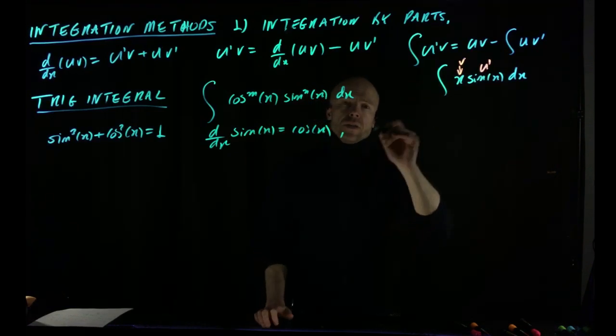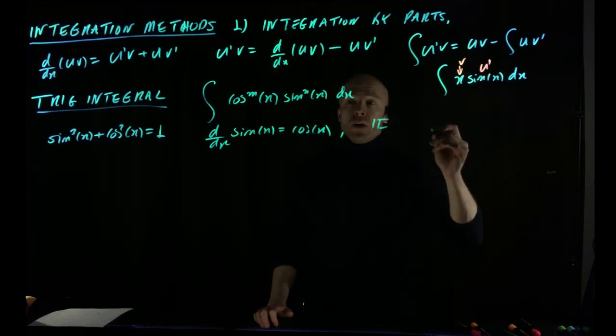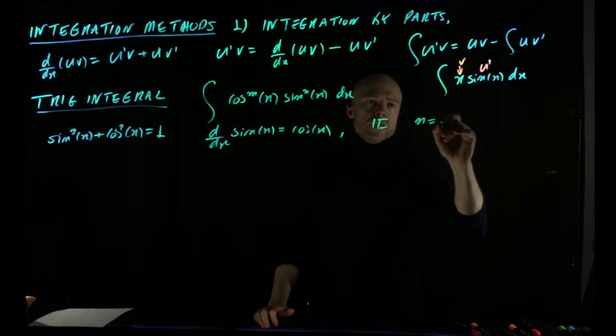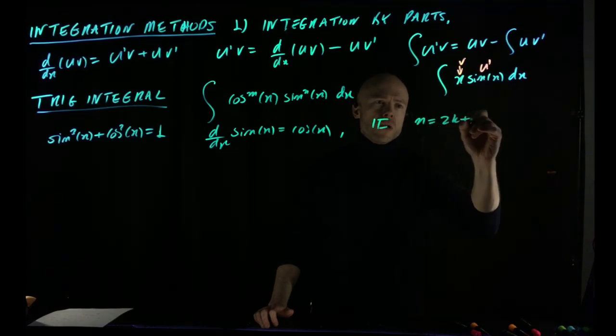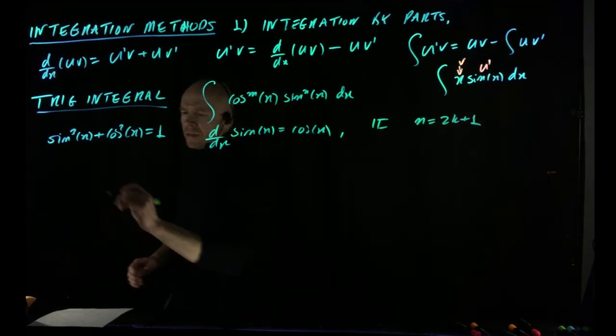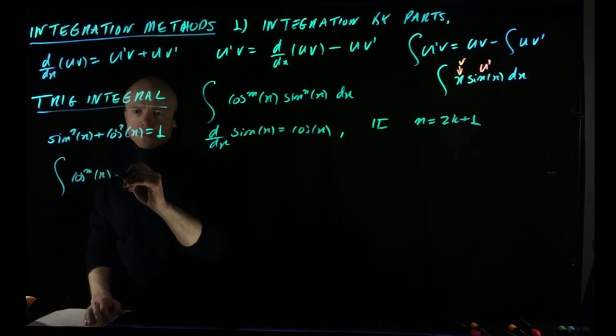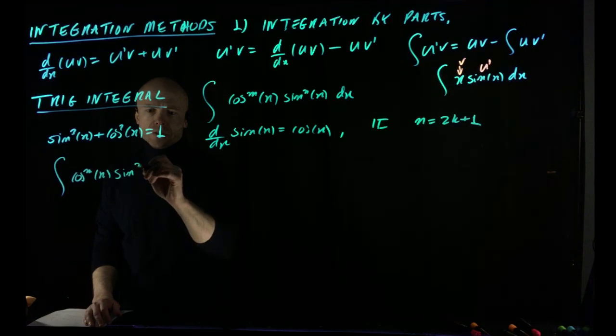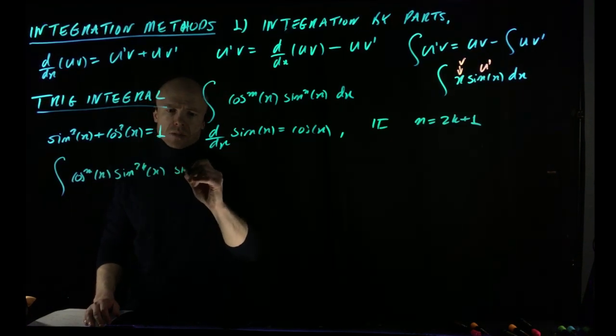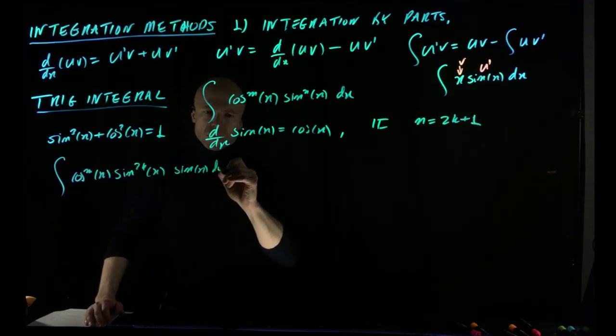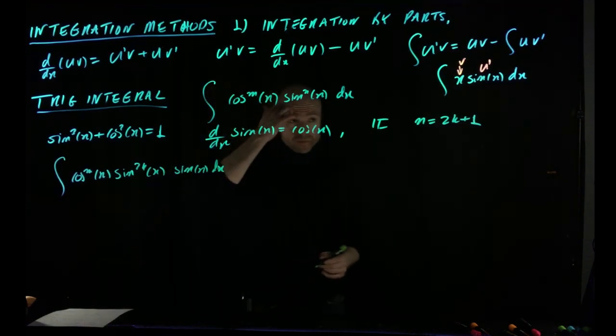So if, for example, n is odd, so it's 2k plus 1, then we can rewrite this thing as cosine to the m of x, sine to the 2k of x, sine of x, dx, right?